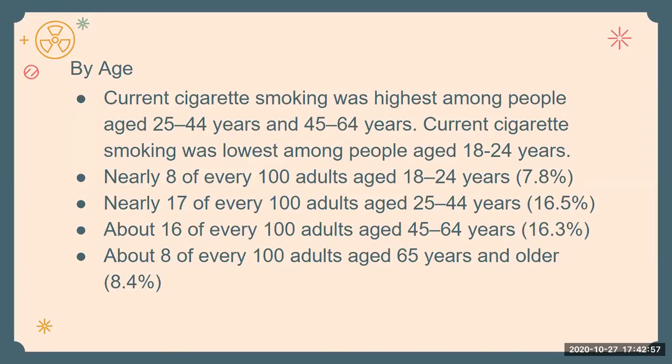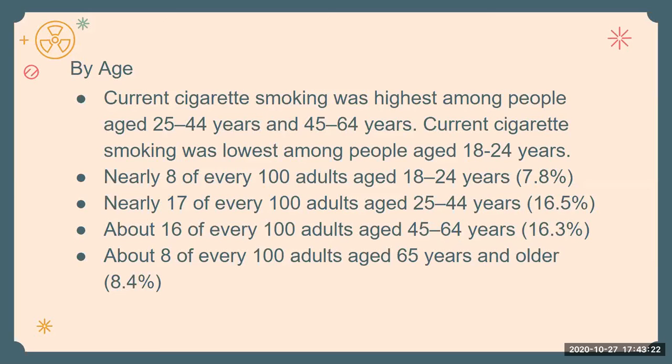By age, current cigarette smoking was highest among people aged 25 to 44 years old and 45 to 64 years old. Current cigarette smoking was lowest among people aged 18 to 24 years old. Nearly 8 of every 100 adults aged 18 to 24, at 7.8%.